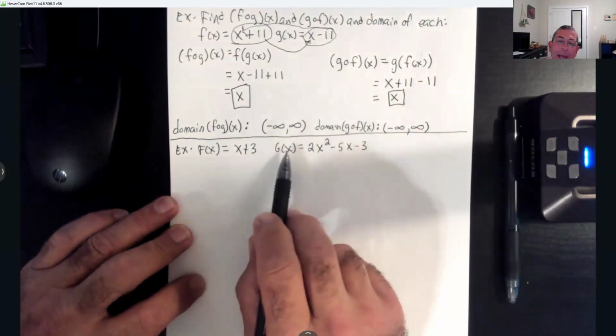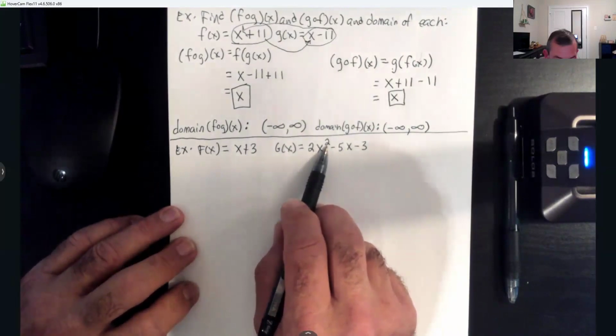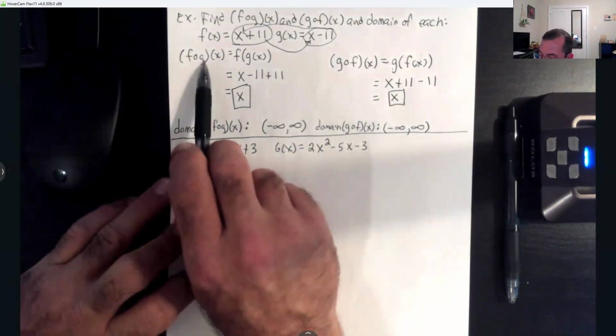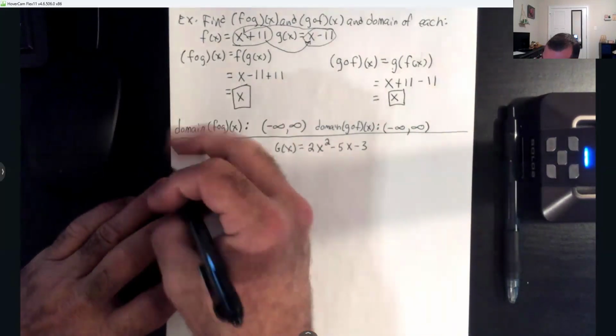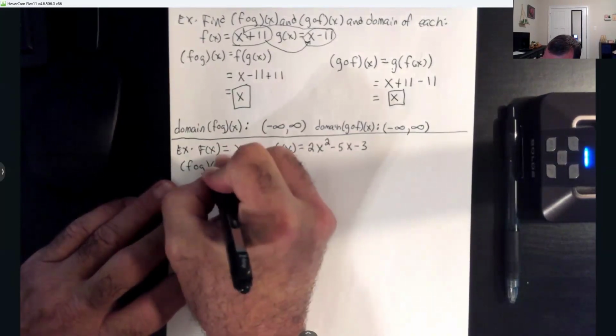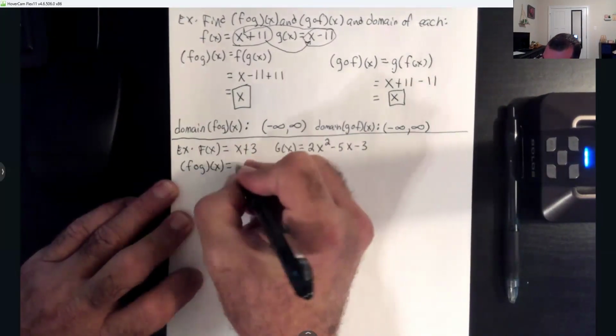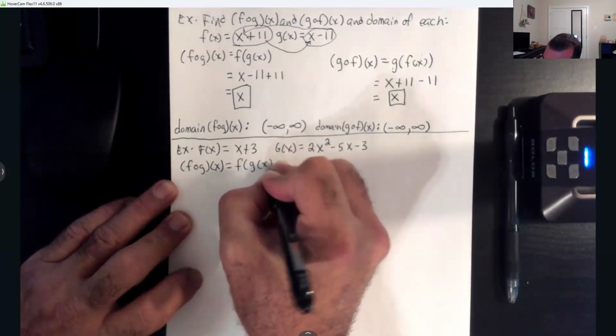So y'all, they are definitely turning up the heat when you see these x squareds on here. So first, it looks like we got to find f compose G of x. So that's f of G of x.